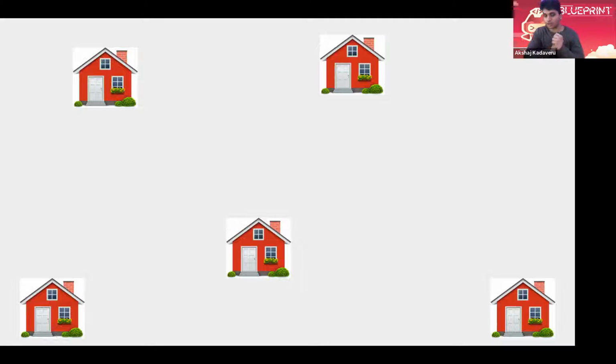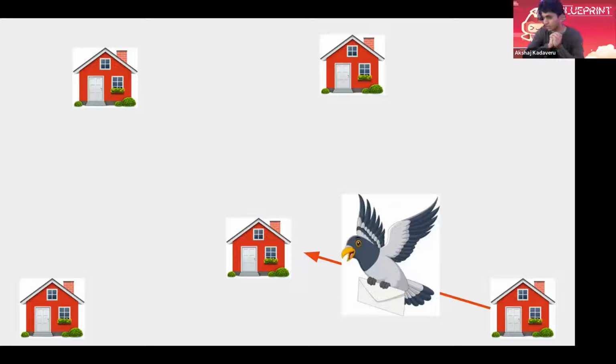In this world, everyone is just stuck in their houses all the time. And the only way you can communicate is through pigeons. So if you want to communicate with another house, you have to write your message in an envelope and then hand it to a pigeon.